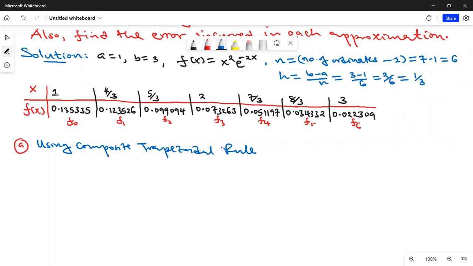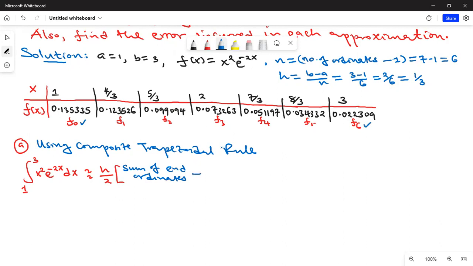Remember the rule: if you want to integrate from 1 to 3 of x squared exponential negative 2x dx, this is approximately equal to h over 2 into the sum of the end ordinates. When I talk of the end ordinates, they are f0 and f6. Those are the end ordinates.